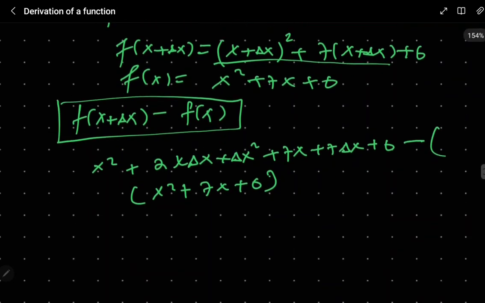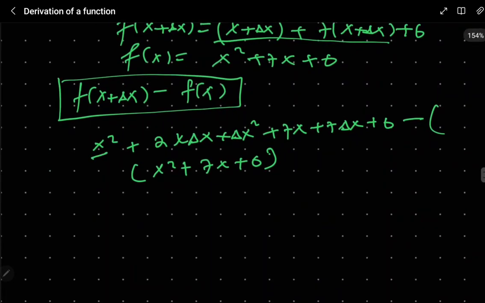Let's do the difference for this. We have x squared here and minus x squared here, so x squared minus x squared. Here we have 2x change in x and another one, 7x, so we have to collect the like terms together.